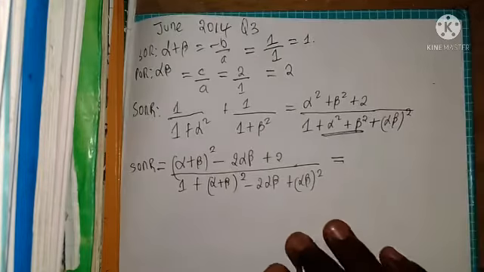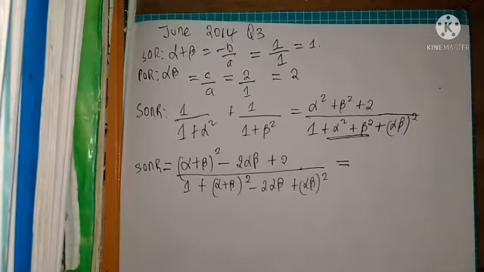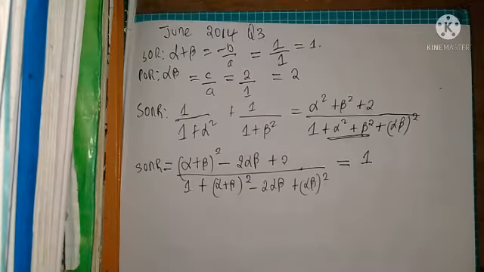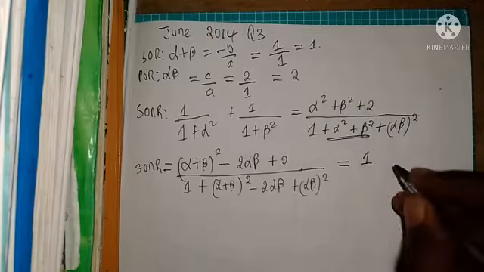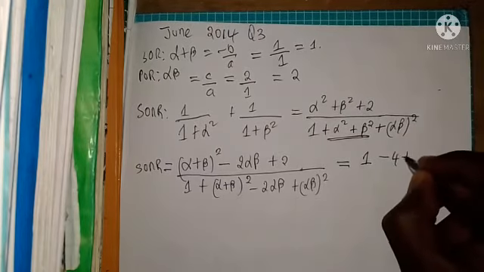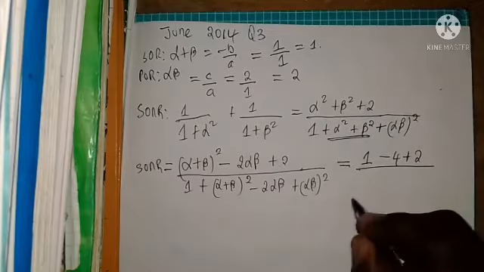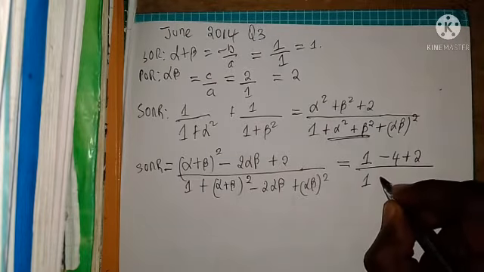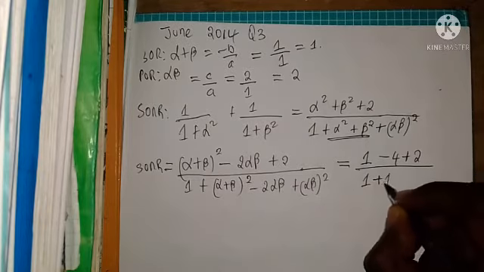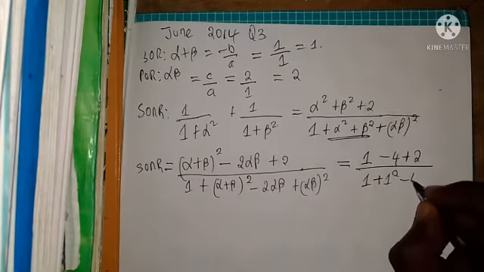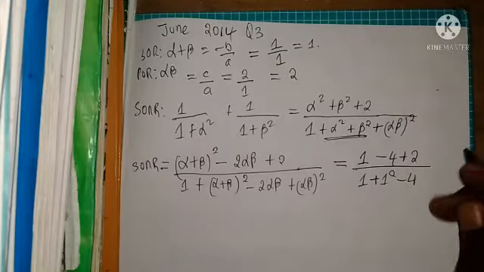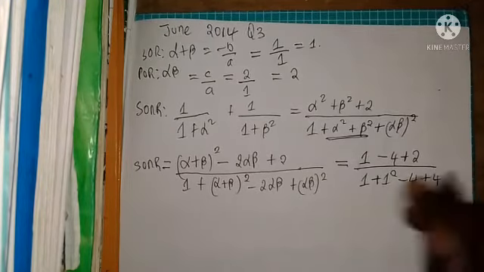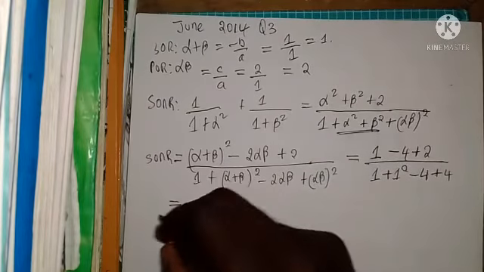This is equal to, okay, alpha plus beta has a value of 1 and alpha beta has a value of 2. Multiplying it by 2 gives you 4, so we have 1 squared minus 4 plus 2, divided by 1 plus 1 squared minus 4 plus 4.